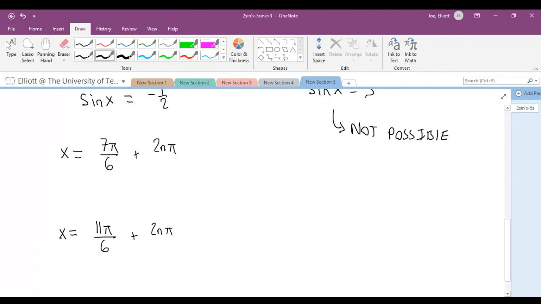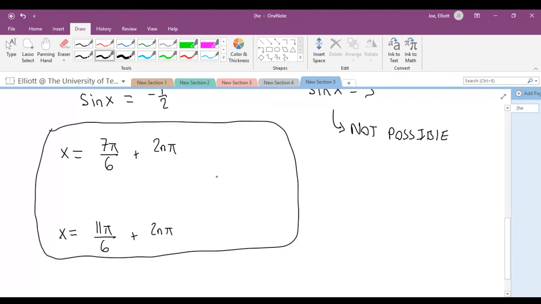So you would add 2n pi or maybe 2k pi, n or k, whichever one you choose to use, representing any integer. So then these sets of solutions would be the solution to our original equation, okay?